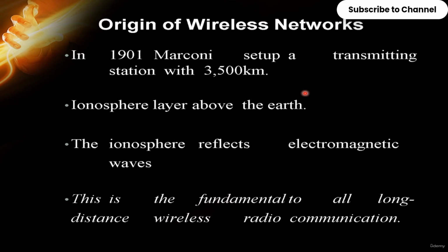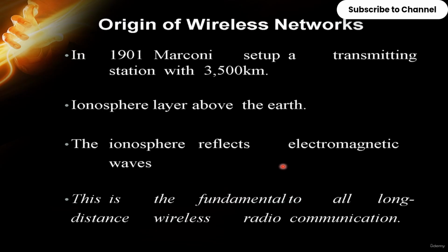Further, in 1901, Marconi set up a radio station in England, across 3,500 kilometers. The signal acts above the ionosphere layer, because the ionosphere layer reflects the electromagnetic waves.